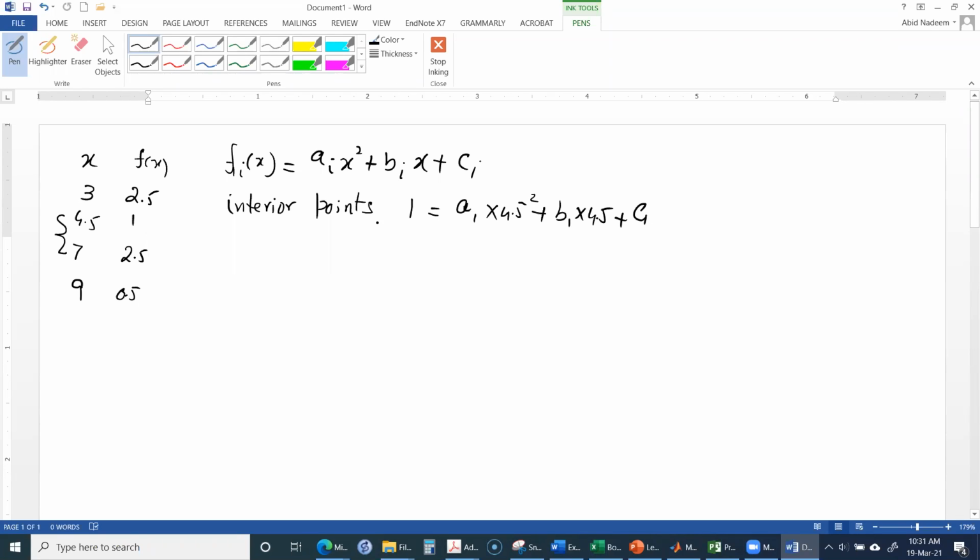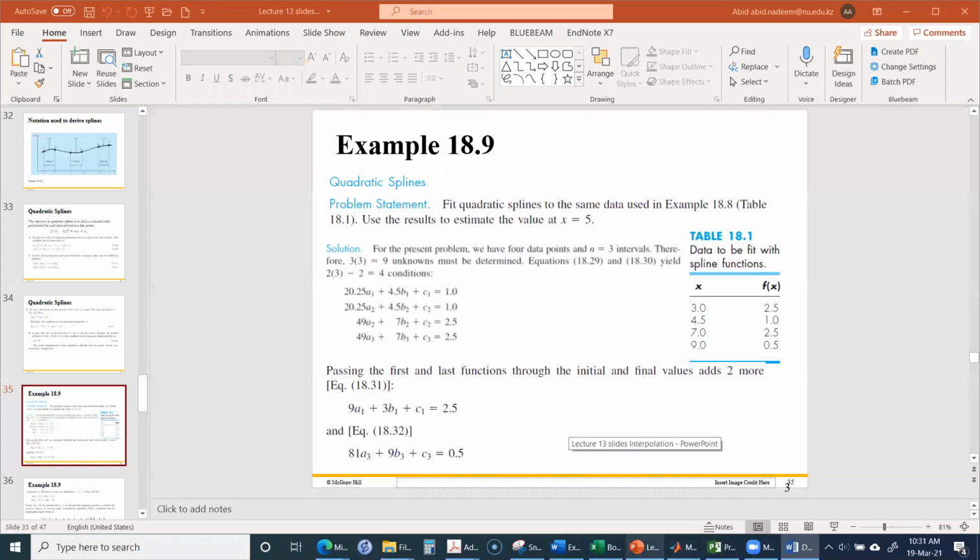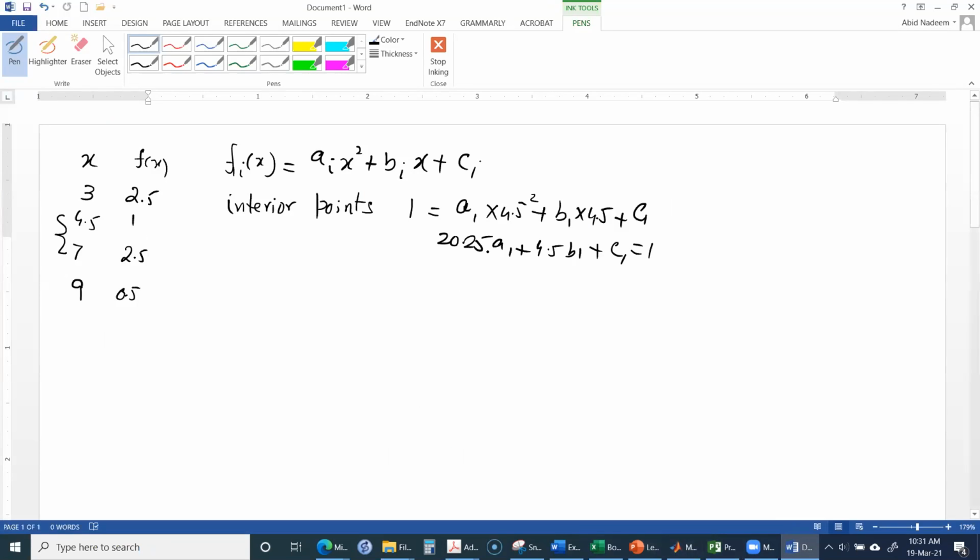So 4.5 square is 20.25, and 20.25 a1 plus 4.5 b1 plus c1 is equal to 1. So this is the first equation we get.